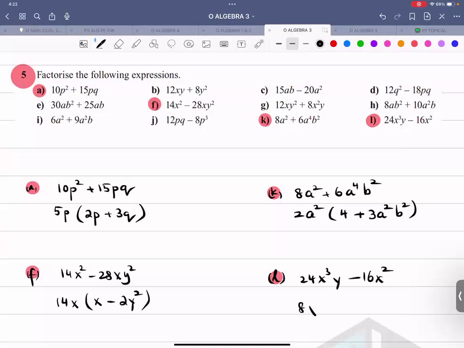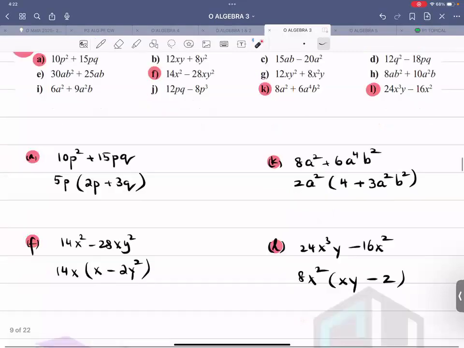So 8 common, x square common, x is left, y is left, minus 2. Let me double check this one. 8 into x square into x, that is x cubed into y. 8x square into 2, yes, that is perfect. So I am already done with these 4 parts. I hope everyone got it all correct, all good.